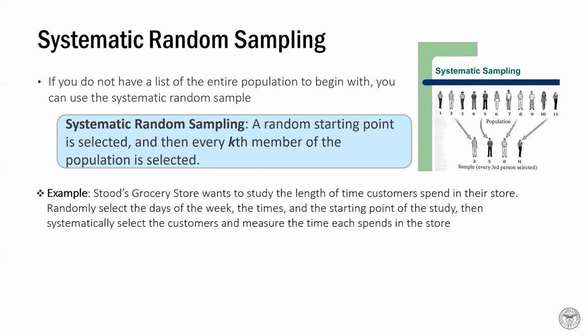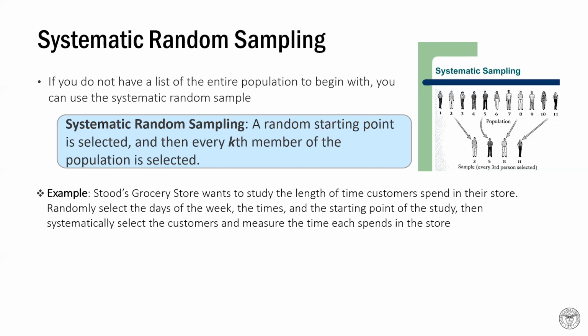So assigning random numbers to customers is impossible. Instead, we can use systematic random sampling to select a representative sample. Systematic random sampling is the random sampling method that requires selecting samples based on a system of intervals in a numbered population, such as every kth member of the population.